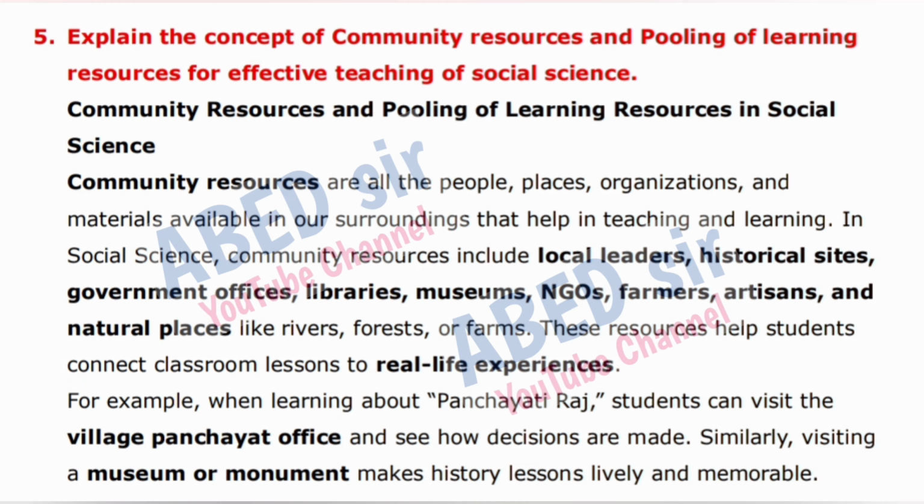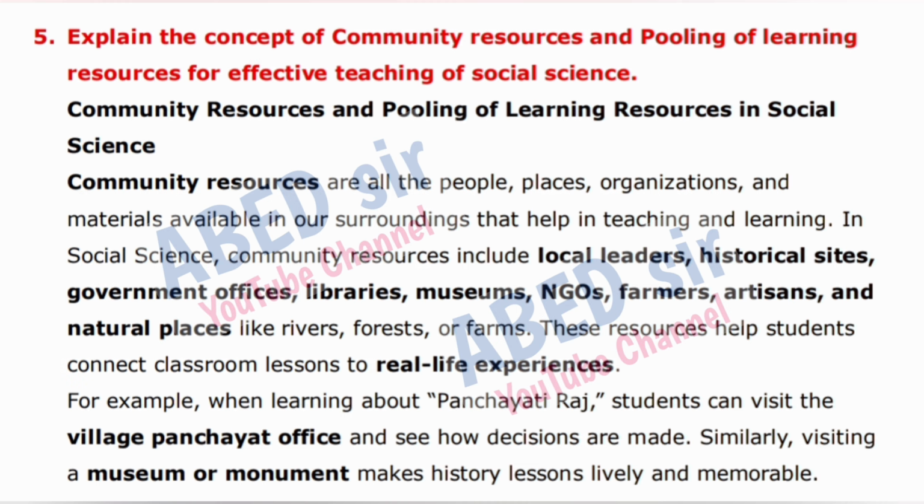Community resources and pooling of learning resources in social science. Community resources are all the people, places, organizations, and materials available in our surroundings that help in teaching and learning. In social science, community resources include local leaders, historical sites, government offices, libraries, museums, NGOs, farmers, artisans, and natural places like rivers, forests, or farms.